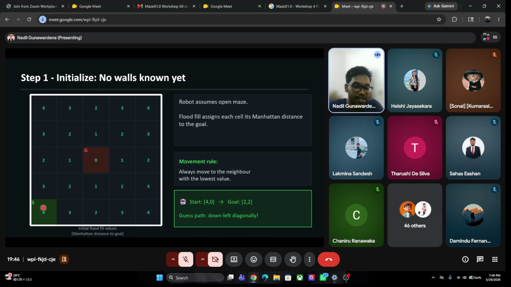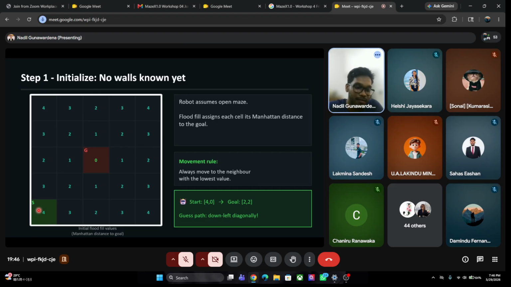So it just needs to move through the cells in the decreasing order of the numbers, right? If it is at 4, then it knows the next cell that I need to go to is 3.